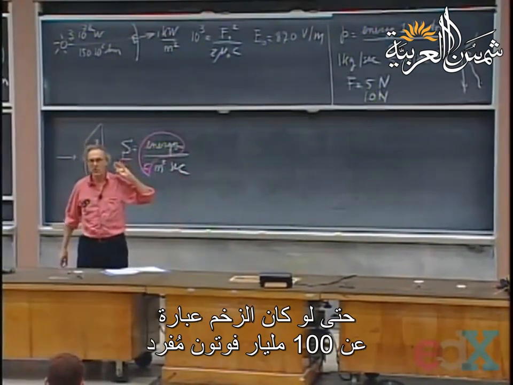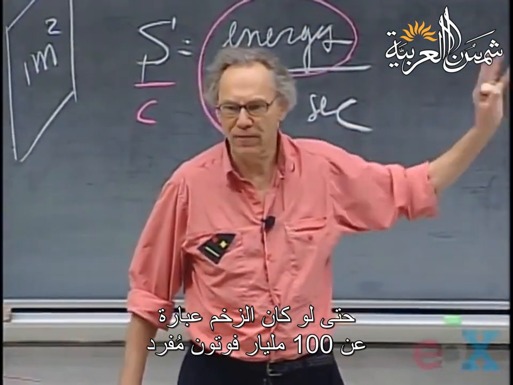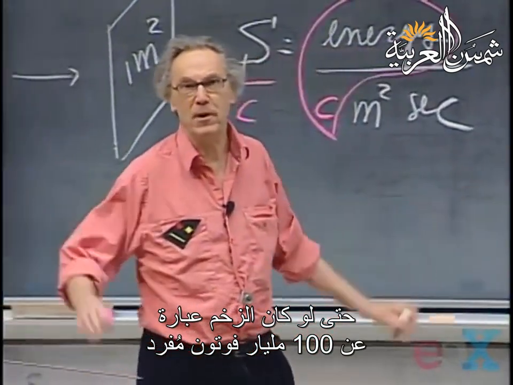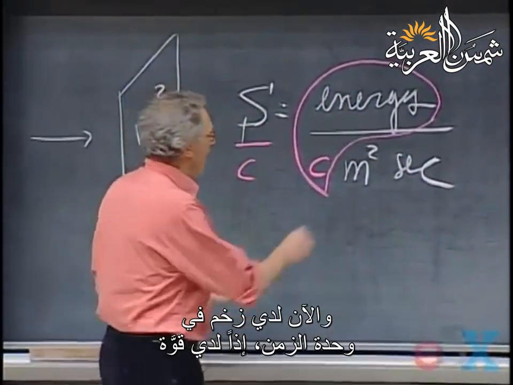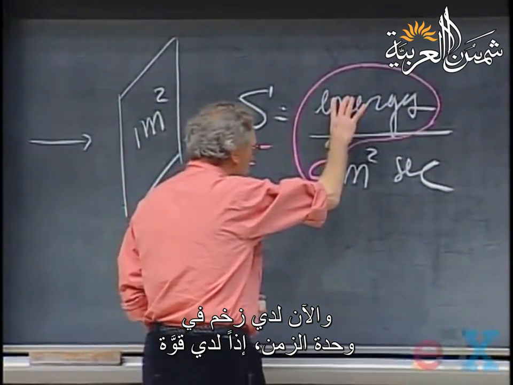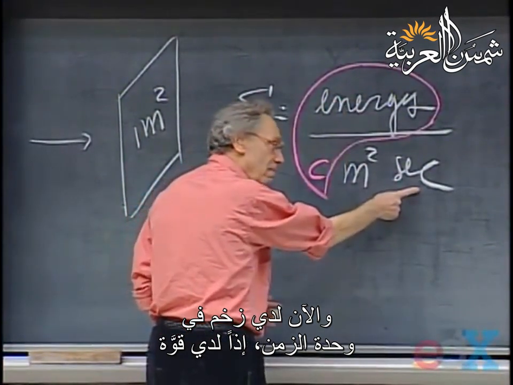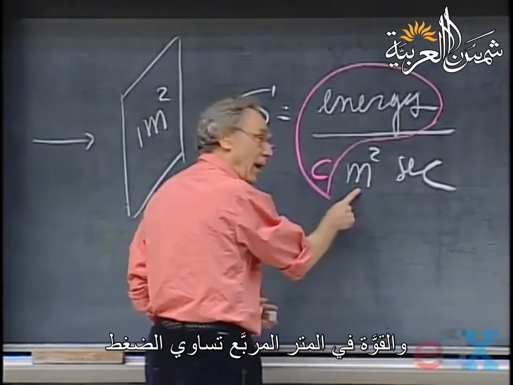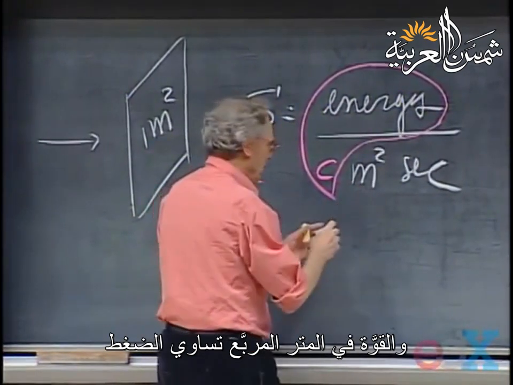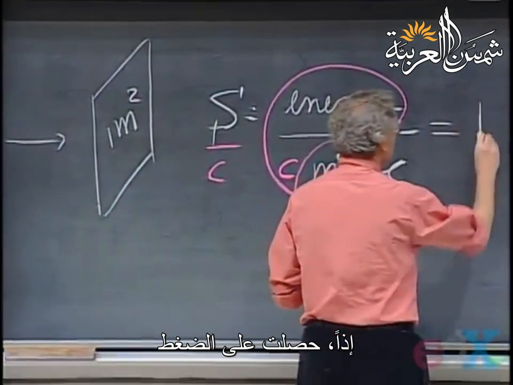And I don't care whether this is 100 billions of individual photons. That's okay with me. That is a momentum. And so I have now a momentum per unit time that makes it a force. But a force per square meter makes it a pressure. And so this is pressure.